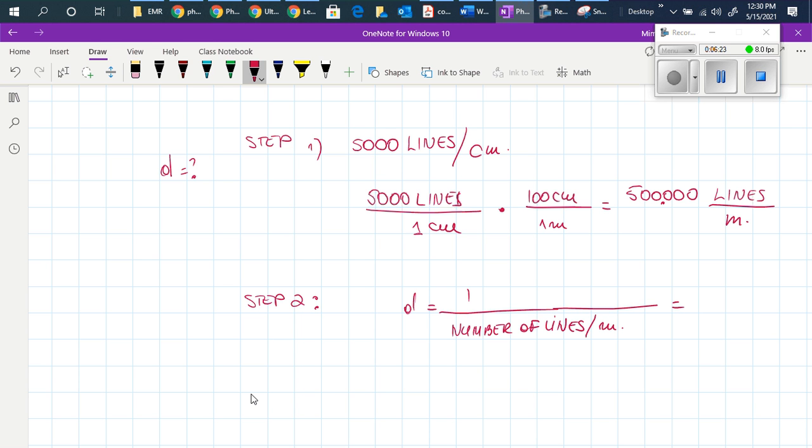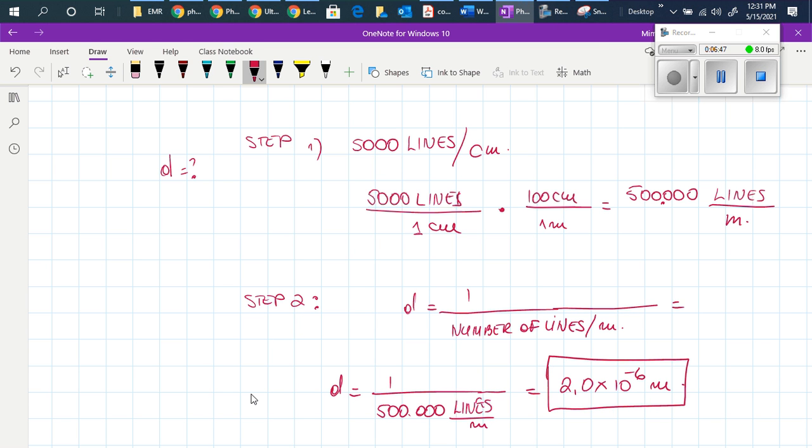In our case, d will be 1 over 500,000 lines per meter, which is 2.0 times 10 to the power of -6 meters, the distance between the two lines. So this is the only addition to the formulas that we have for diffraction and interference.